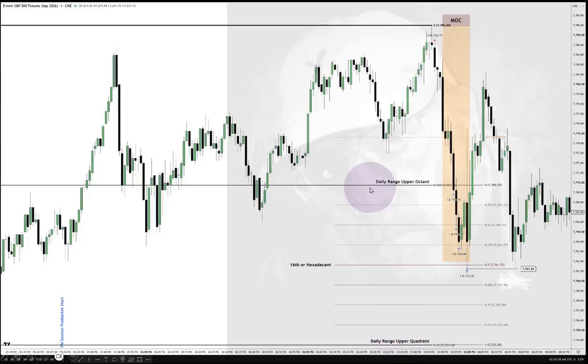So half of that is an octant. Eighths. Well, what's half of an octant, or from an octant to a quadrant? A 16th. So you can see that level here, and it comes in at 7,761.75. The low, 7,761.25. 2 ticks. 2 ticks, baby. 2 ticks.